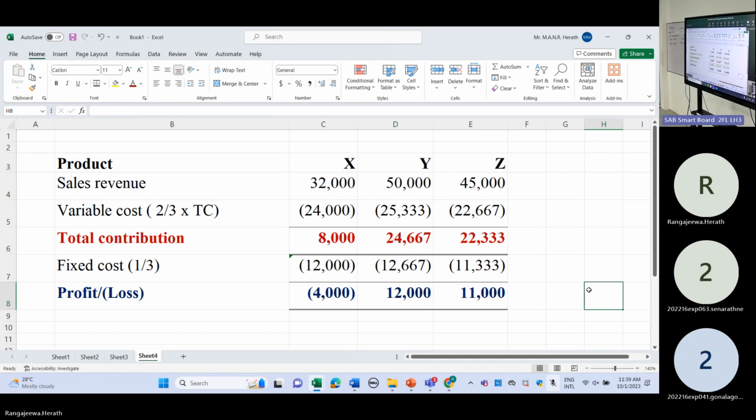Now the marketing manager's suggestion is, since X ended up with a loss of 4,000, you should discontinue the product, drop the product.